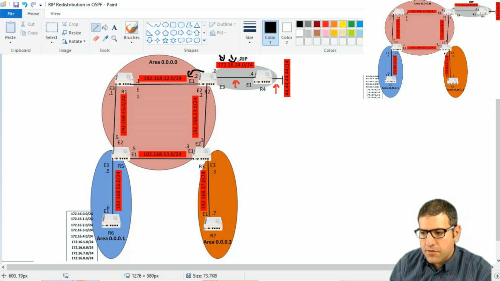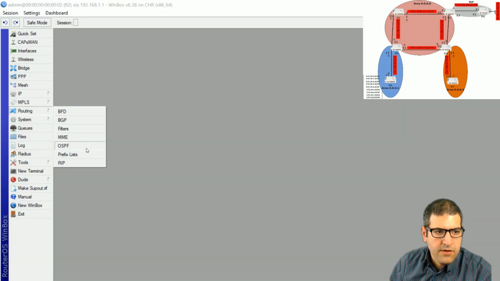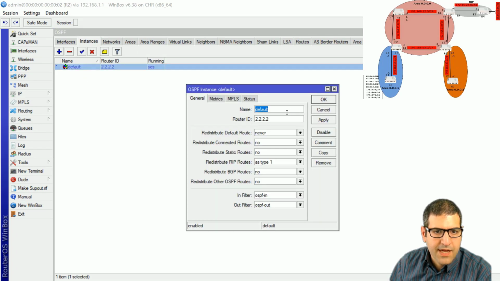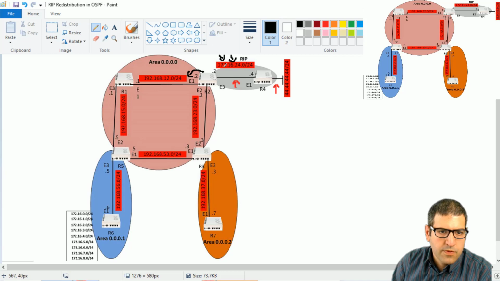To do that, again I have to go to router 2, then go to routing OSPF, and from here to instances and go inside. We have advertised RIP as type 1, and we have to advertise the connected network, because if we look back at the graph, router 2 has this network connected to its interface.